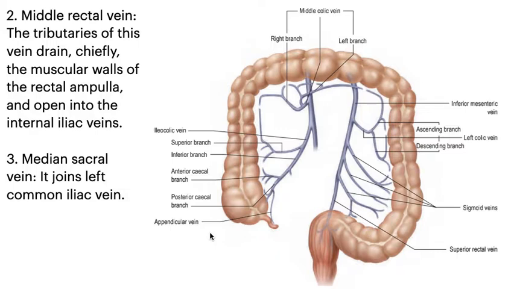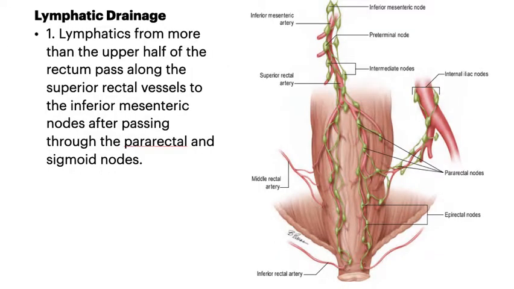We have the middle rectal vein as well. Its tributaries drain chiefly the muscular walls of the rectal ampulla and open into the internal iliac veins. Then we also have the median sacral vein that joins the left common iliac vein.